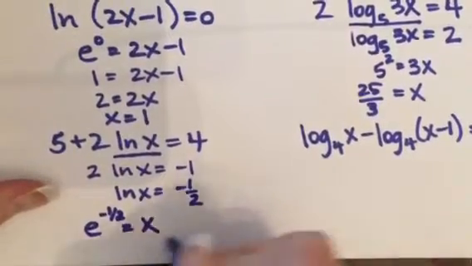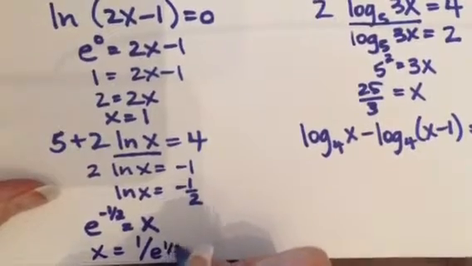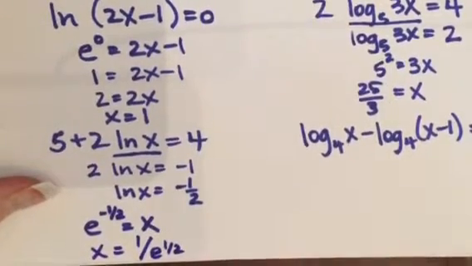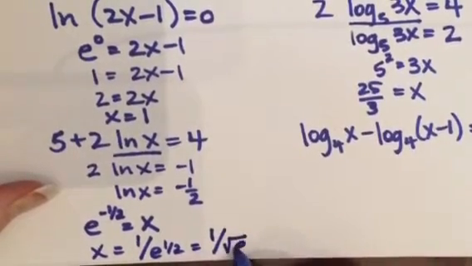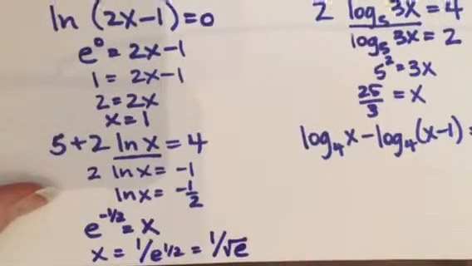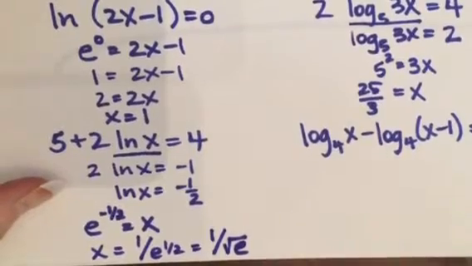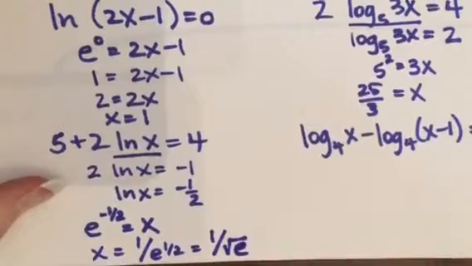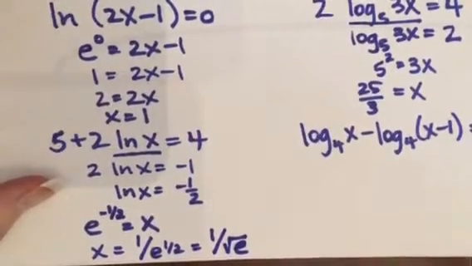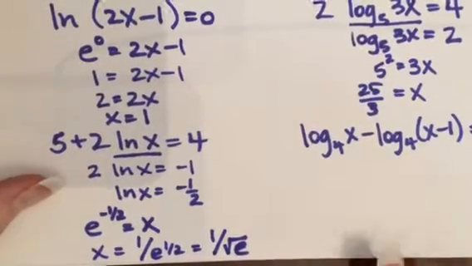So x here is equal to 1 over e to the 1/2 power. Okay, and that rational exponent would make it 1 over the square root of e. Both of those would be fine. And this is something positive, so we're not so concerned about our logarithmic argument being negative.